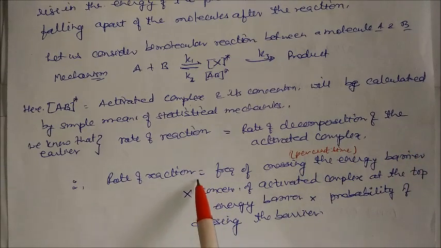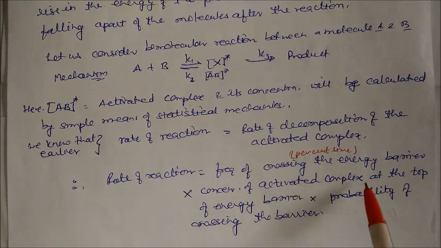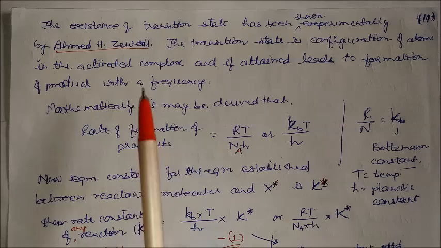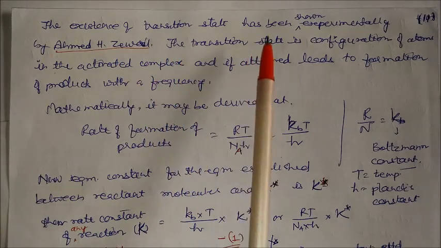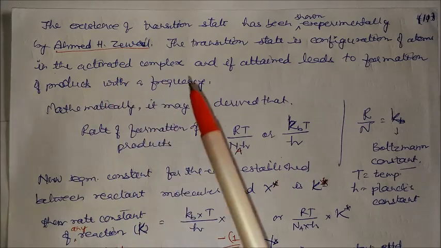So the rate of reaction is the frequency of crossing the energy barrier, multiplied by the concentration of the activated complex at the top of the energy barrier, into the probability of crossing the barrier from the collision theory, per unit time. We have already discussed this in the previous lecture. Now we will see how we can calculate the rate of formation of the transition state. The existence of the transition state has been shown experimentally by Ahmed Zewail.